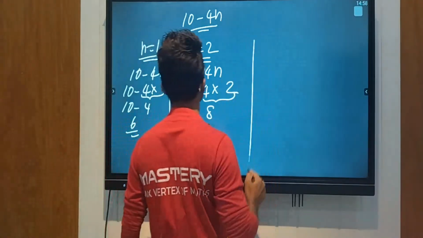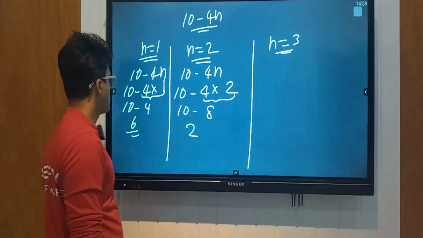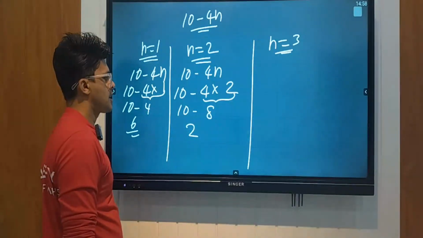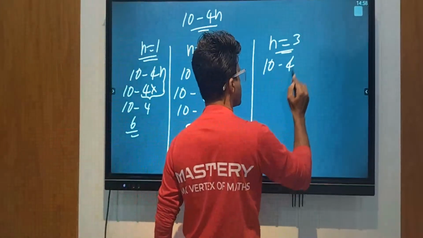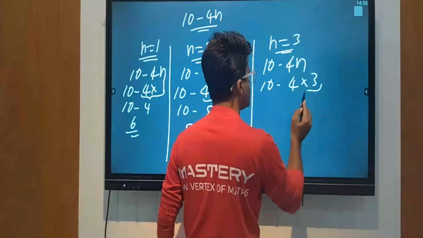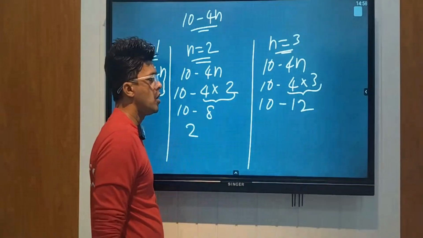And also let's get the third term as well. 10 minus 4 times n, where n equals 3, then 10 minus 4 times 3, which is 12.